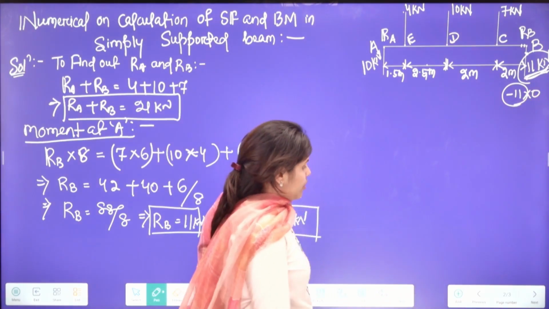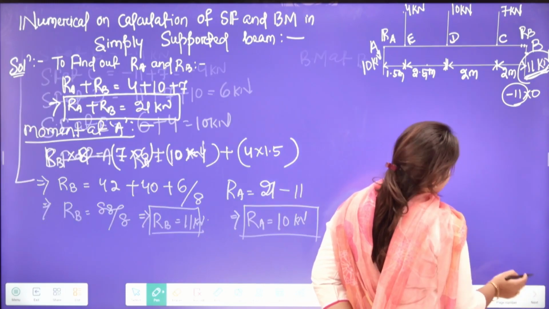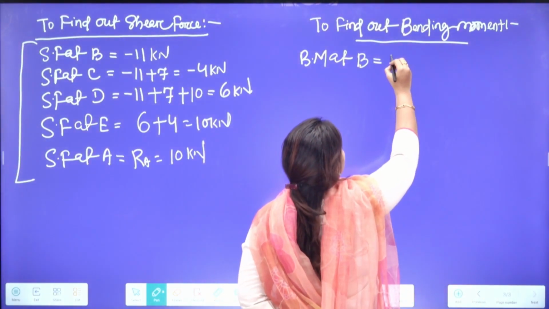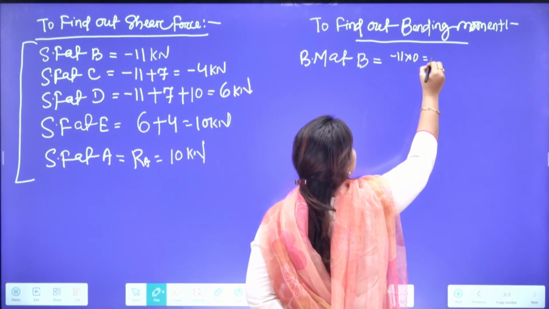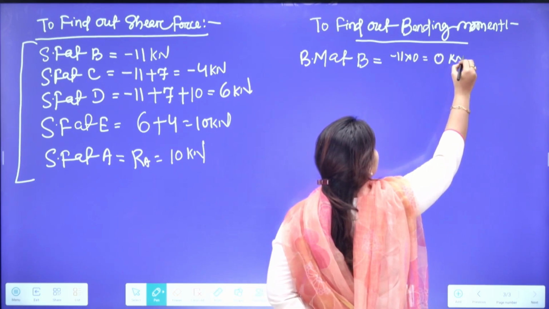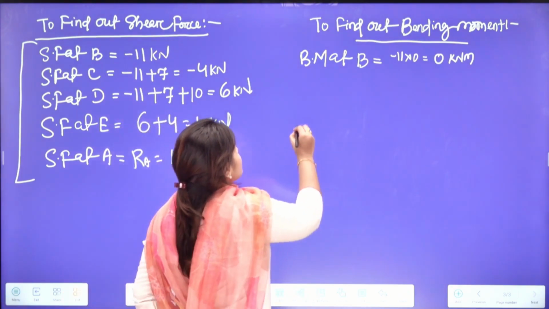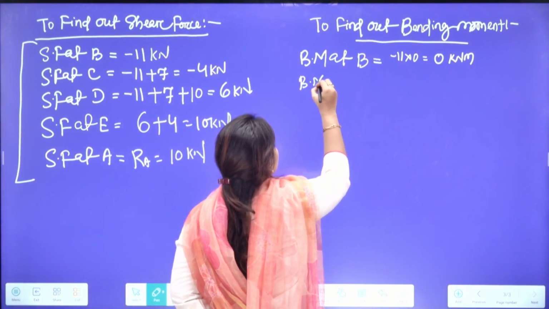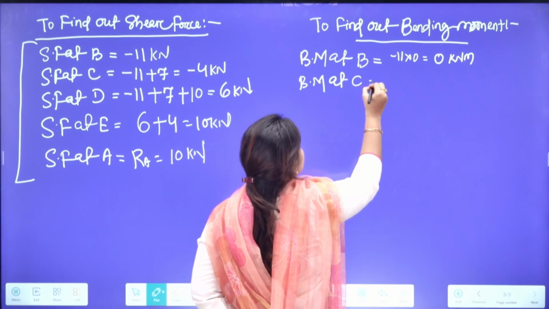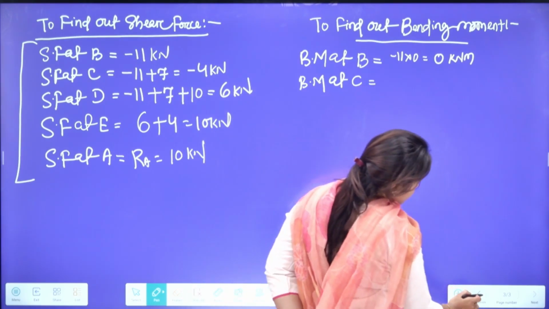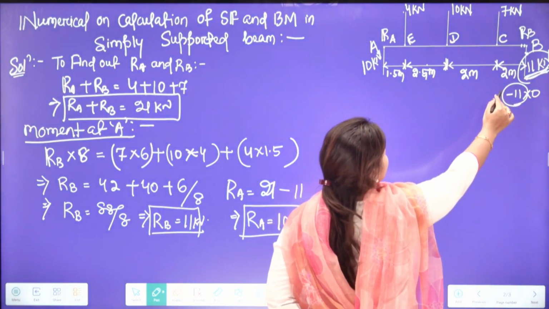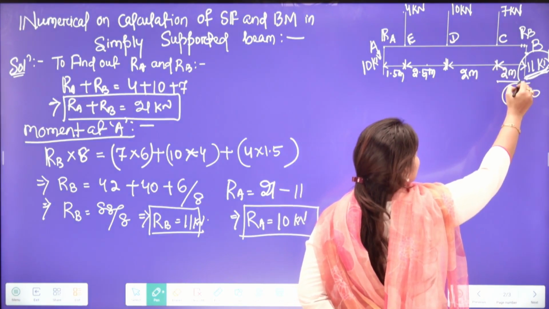So, we will have 0 there. Bending moment at B, that is minus 11 into 0, equal to 0 kilonewton meter. Next, bending moment at C. The very similar process: minus 11 multiplied by the distance 2 meter.